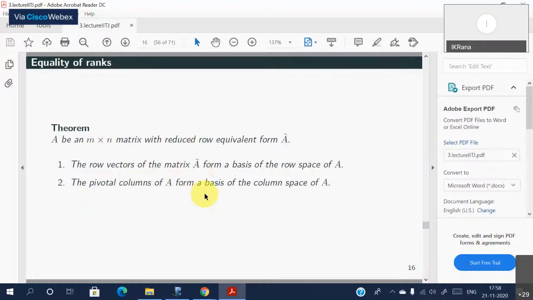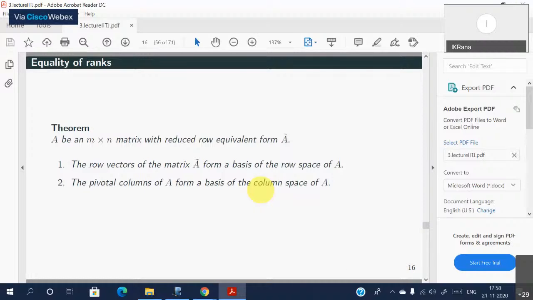The pivotal columns of A form a basis for the column space of A, because we have shown that in the row equivalent form, the pivotal columns are linearly independent and they span the column space. The independence remains unchanged under the row operations.